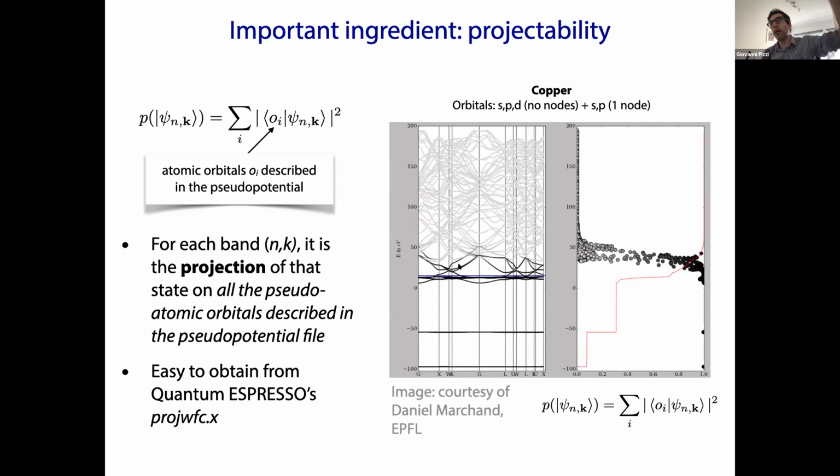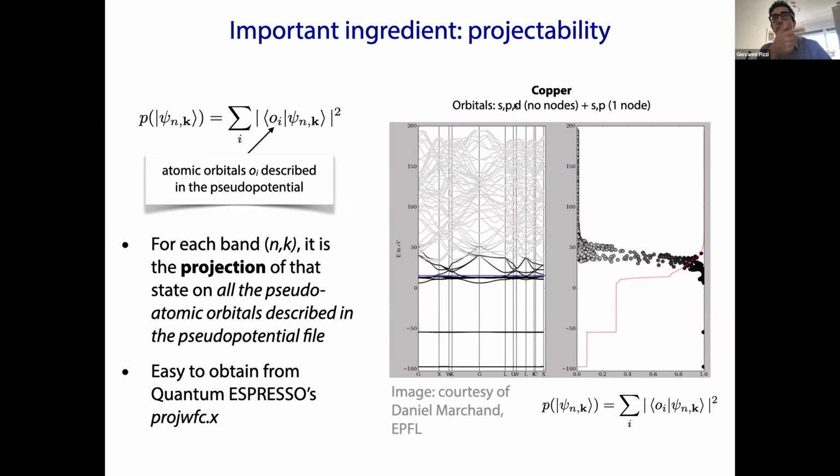You typically don't care about 20 electron volts above the Fermi energy, you care about maybe a few electron volts above it. By doing the projectability, you will discover if with these orbitals you are representing well enough the energy range in which you are interested. So let's say I use these 1, 2, 3, 4, 5 types of orbitals.